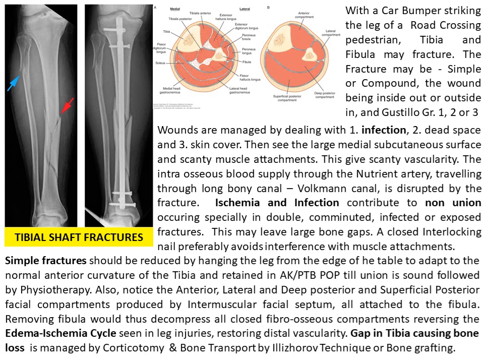Also notice the anterior fascial compartment between the anterior surface of tibia and fibula, the lateral compartment where the peroneus longus and brevis exist, and the posterior compartment, which is split by a fascia connecting the tibia and fibula into a superficial posterior compartment and a deep fascial compartment.